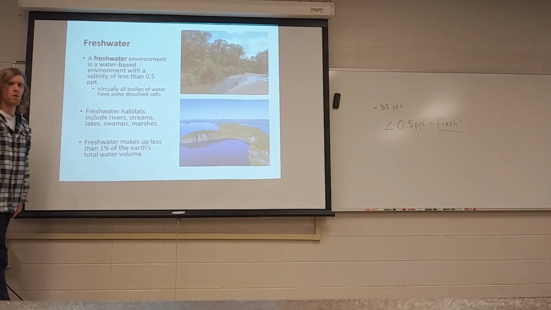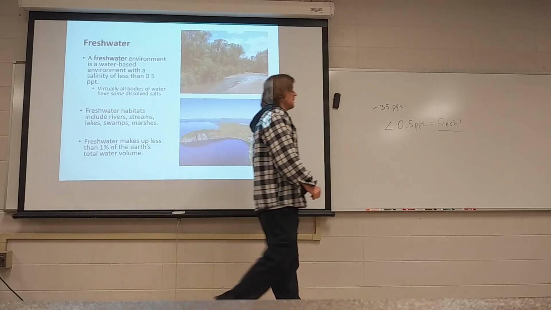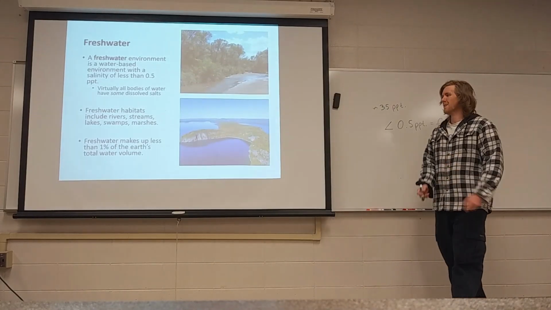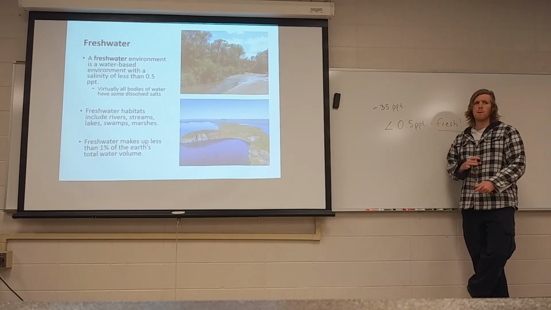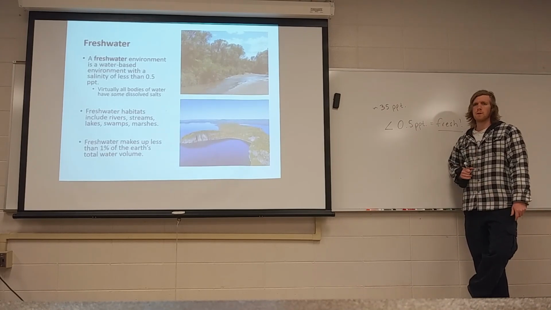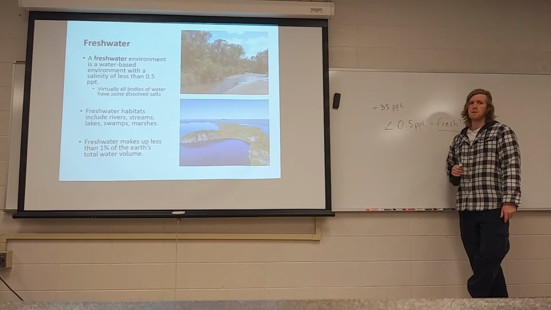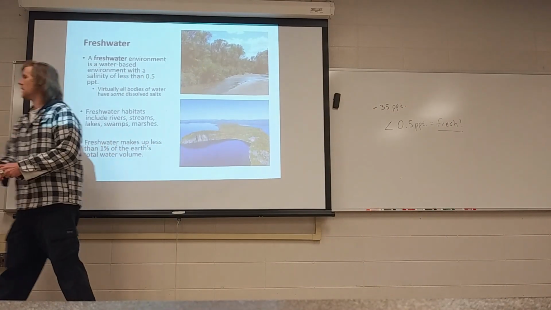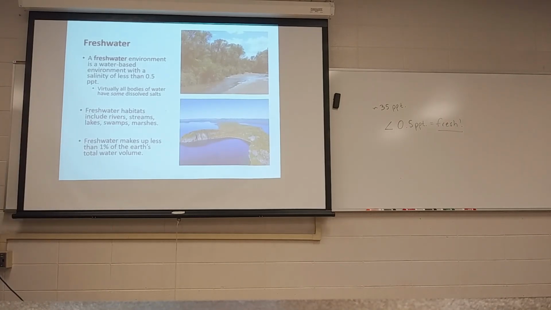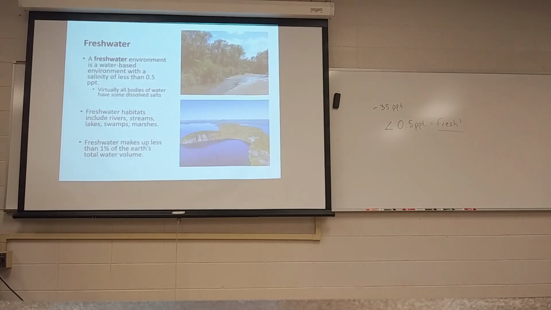In terms of overall percentage, freshwater makes up less than 1% of the Earth's total water volume. If you remember, 97% of the water is in the ocean, 2% is locked up in polar ice caps, which leaves less than 1% to be found in the freshwater habitats of the planet.